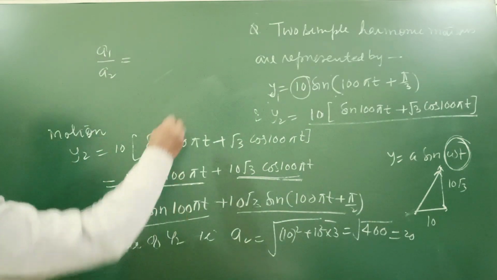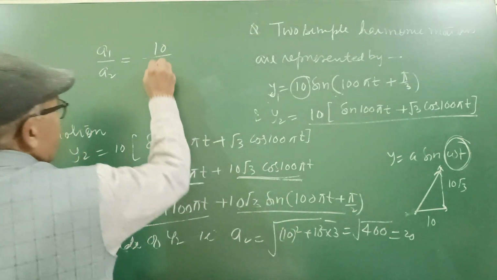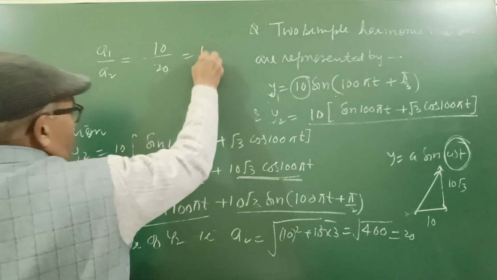So a1 upon a2, a1 is 10 and a2 is 20, so the ratio is 1 by 2.